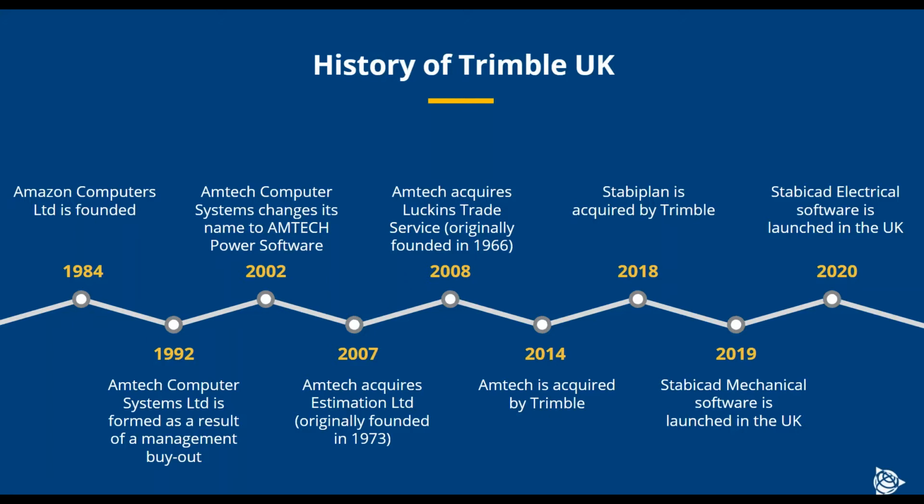The first collaborative project was to localize the mechanical aspects of Stabicad for the UK, but also the electrical calculations for the European markets for IEC, NEN and VDE norms. And that really brings us up to where we are today. So in December last year, we launched Stabicad Electrical as a subscription bundle.